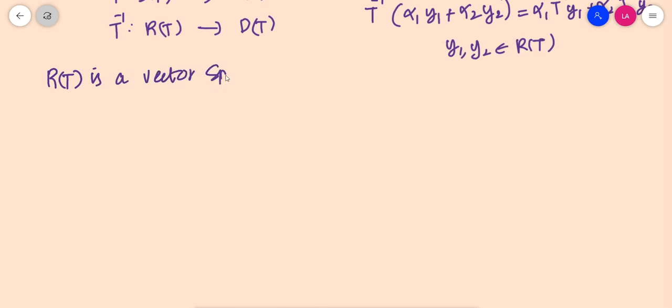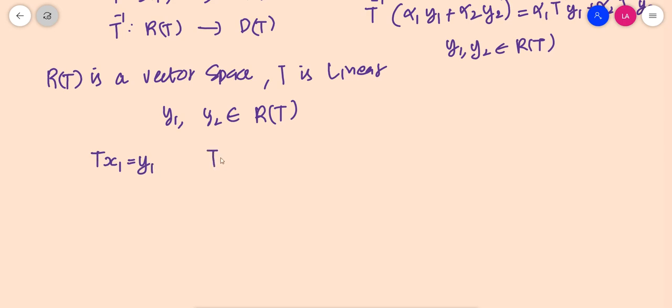By the previous result, T is linear. Now if you take y1, y2 belongs to R of T, it means there exist x1, x2 belongs to D of T such that T of x1 is equal to y1 and T of x2 is equal to y2.